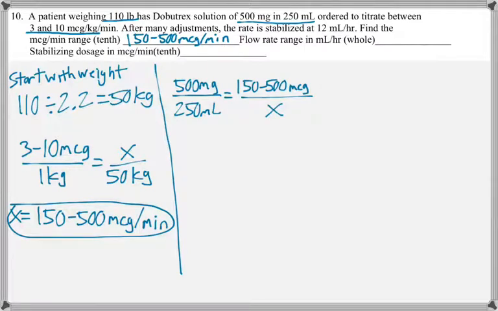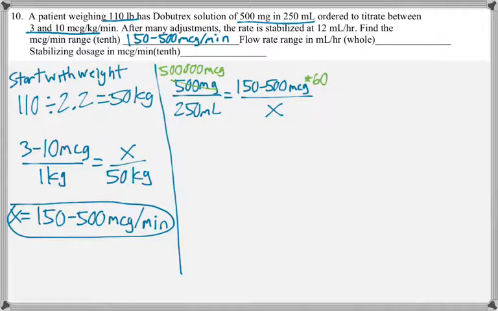And there's two things I need to do. I need to convert this to micrograms, so 500,000 micrograms. And I need to multiply this range by 60 because it's per minute and we need it to be per hour.